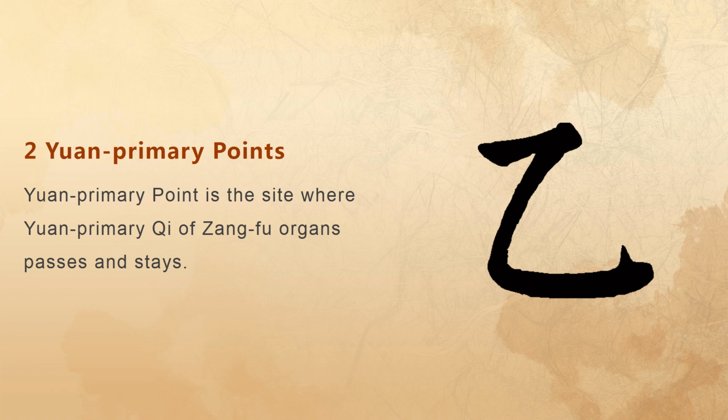In the yin meridians, Yuan primary points overlap with Shu stream points of the 5 shu points. Each yang meridian, however, has its Yuan primary point separate from the Shu stream points, which are arranged behind the Shu stream points.